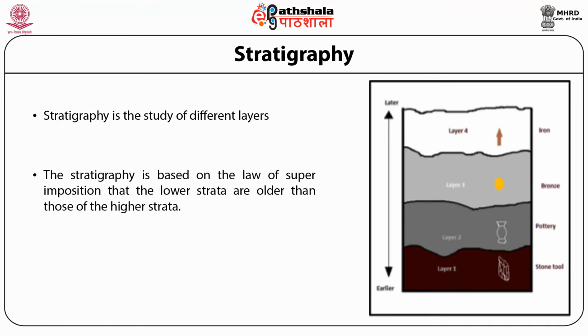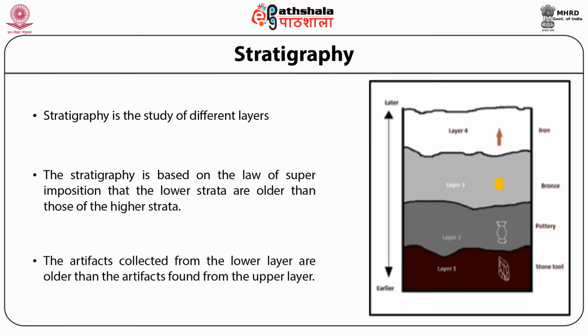Stratigraphy is based on the law of superimposition, that the lower strata are older than the higher strata. The artifacts collected from the lower layer are older than the artifacts found in the upper layer.